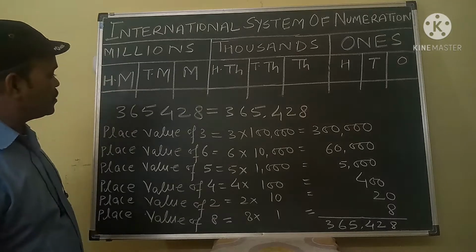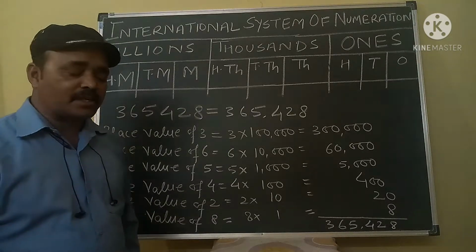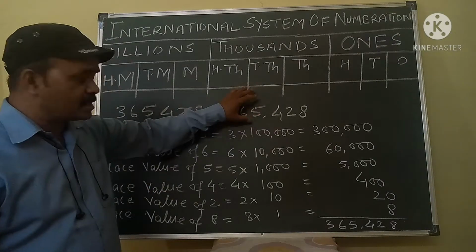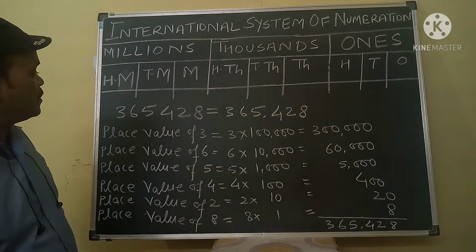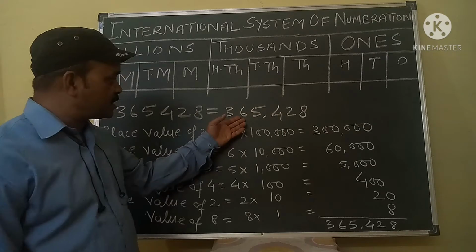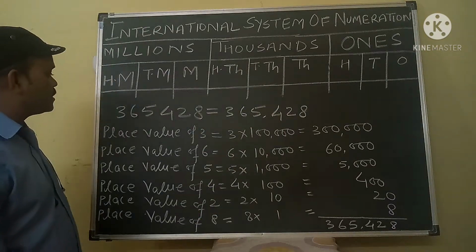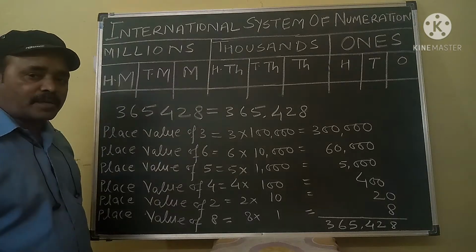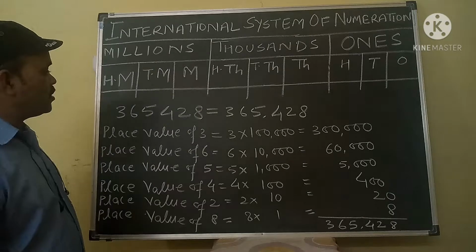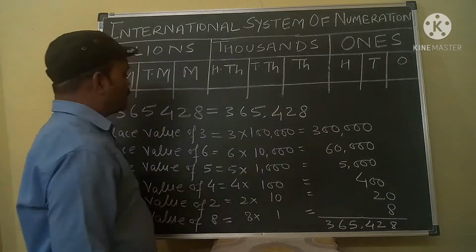And now look here, then after that we will take out the place value of each digit in this given number. Now look here, first we will discuss the place value of 3. As you are looking, this is 365428.